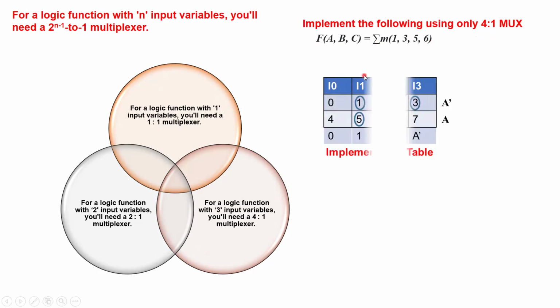For that, we create a special table called an implementation table. In this table, first you name the 4 data inputs I0, I1, I2 and I3.